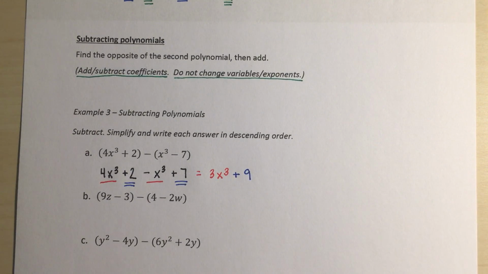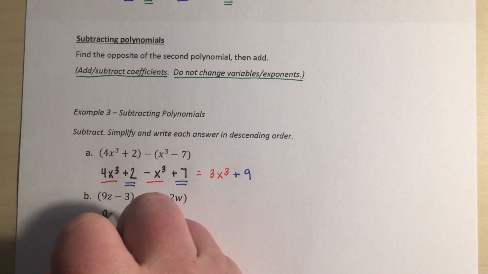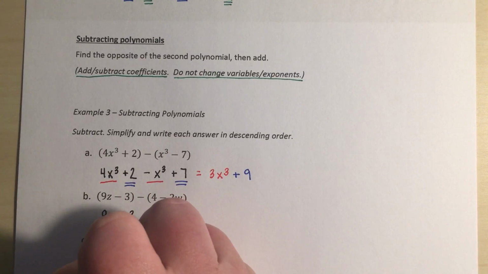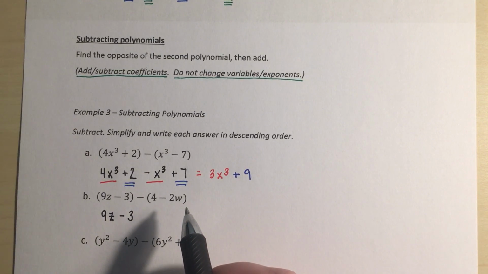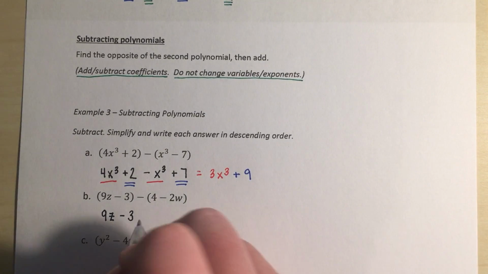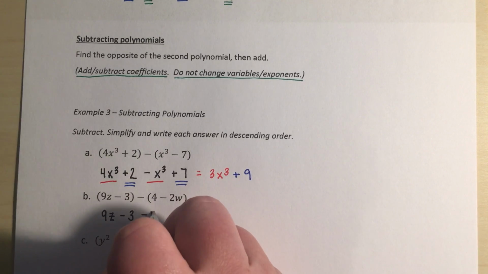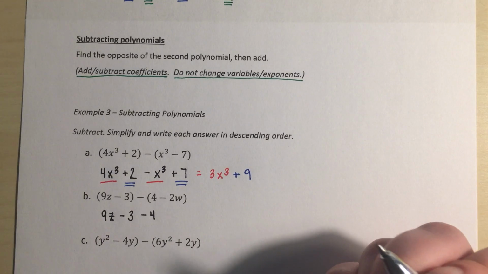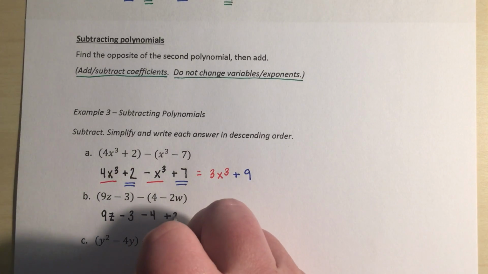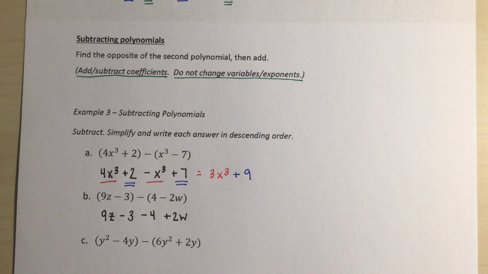Our first polynomial isn't going to change. 9z minus 3. All right, now we're going to change the signs of these in here. Right, so we're going to have a minus 4 instead of a positive 4, because negative times positive is going to give us negative. And then we're going to have a positive 2w, right, because negative times negative turns positive.